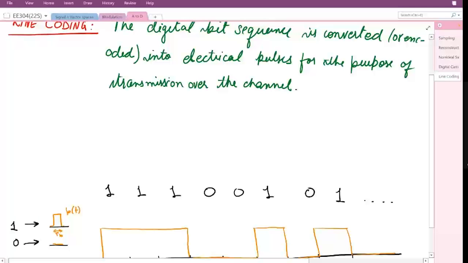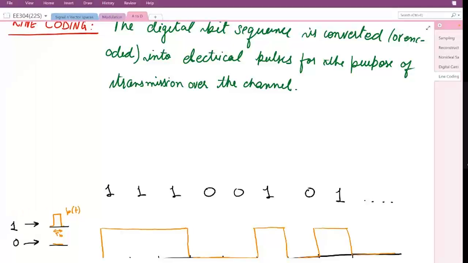Because remember, in ASK, PSK, and FSK, that is digital carrier modulation, we had a bit sequence coming from a source encoder, so we had to convert them into pulses. This method of converting this bit sequence into pulses is called line coding.